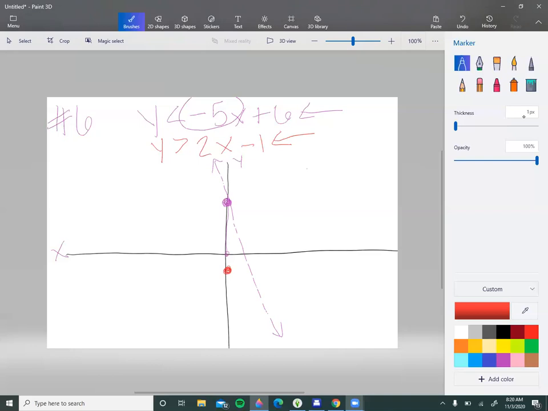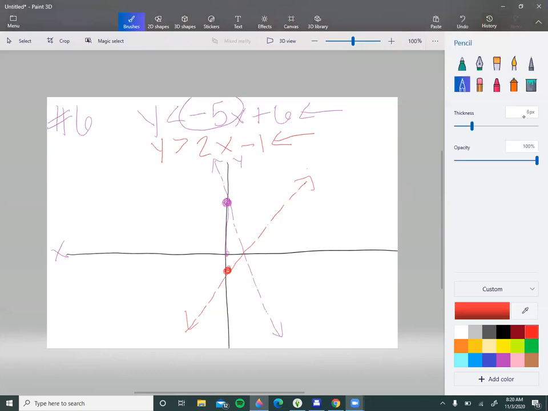And this time we have a positive slope of 2, which is less than 5. So that means it's not going to be as steep. So let's say it looks something along the lines of that, positive. And once again, it is dotted because the answer cannot be on the line.